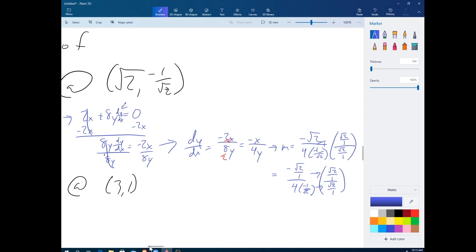And I want to multiply the top fraction with the top fraction and the bottom fraction with the bottom fraction. So what happens right here? It becomes a 2. The square root of 2 times square root of 2 is 2. And we're going to keep the negative.